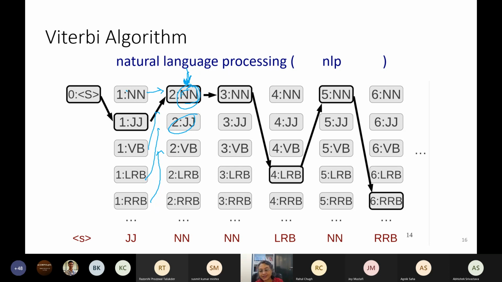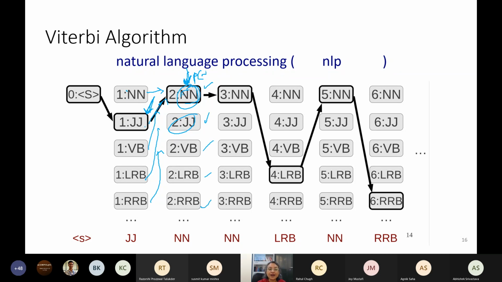So we find all these probabilities and find the highest of them. And if we find that from adjective to noun this probability is the highest, then we keep this probability of this noun in this cell, and we keep a back pointer from which state we are getting this highest probability. Okay, and we find out this probability for all these states.